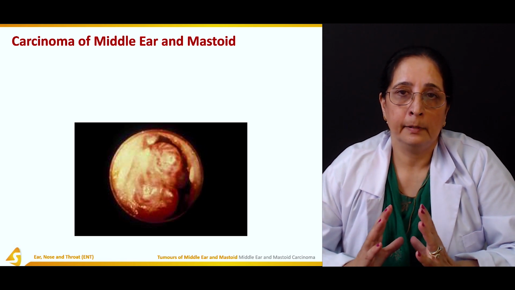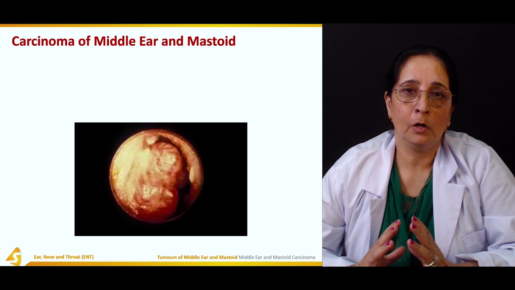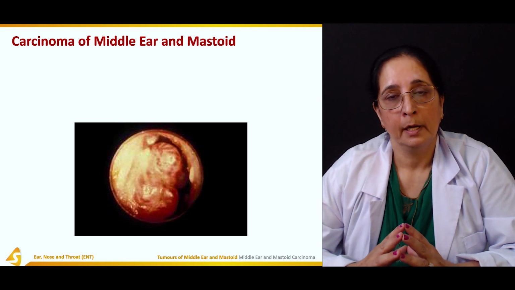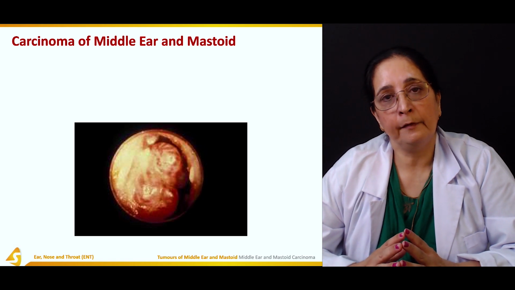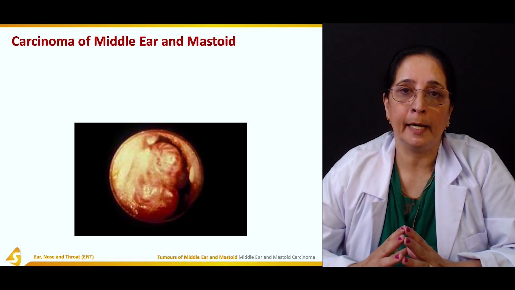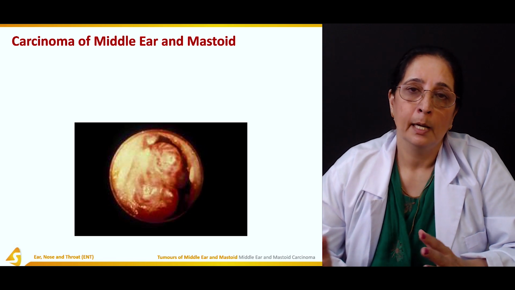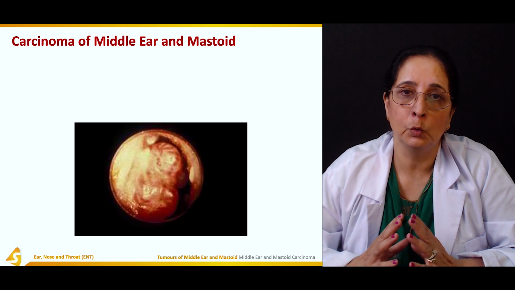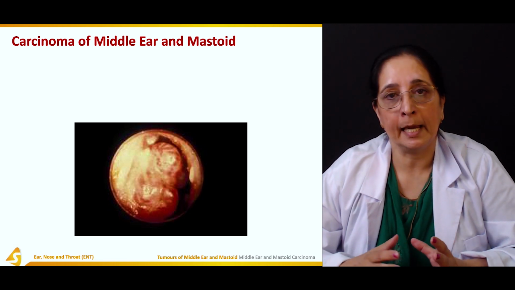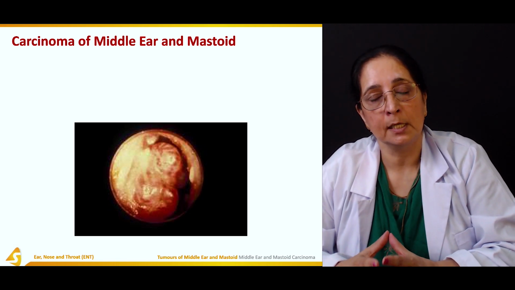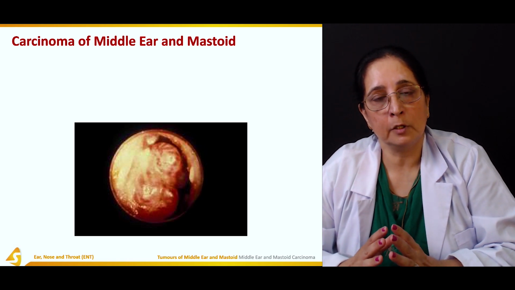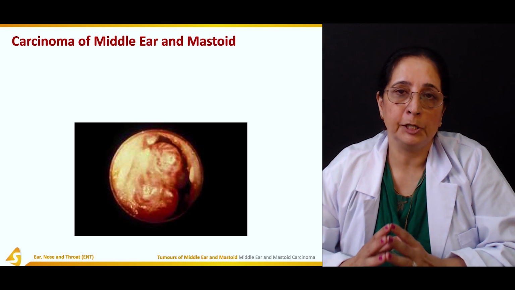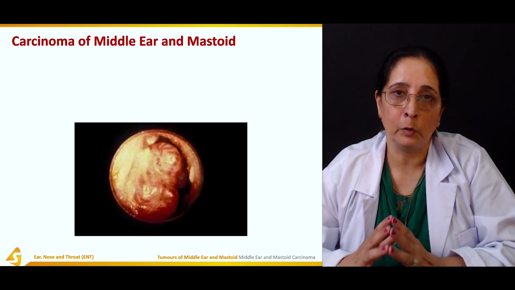In the classification of the tumors of middle ear and mastoid, we said we classify it into primary and then secondary tumors. Primary tumors, we further subdivided into the benign and malignant tumors. Benign tumor was the glomus tumor, which is the most common benign tumor, less invasive, localized.